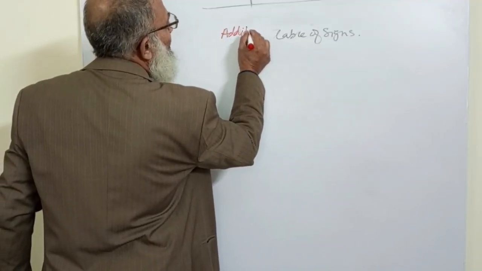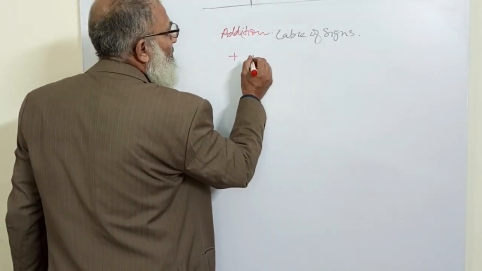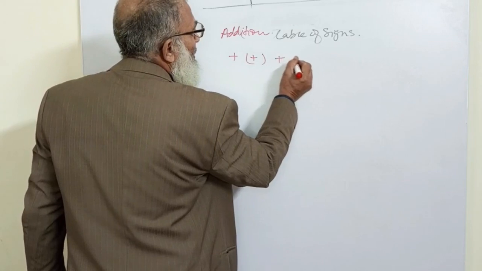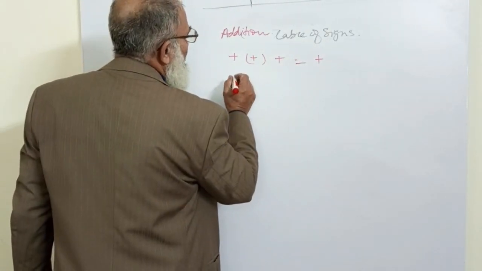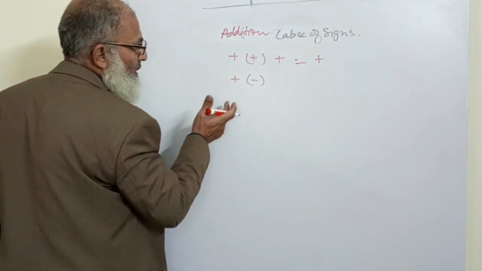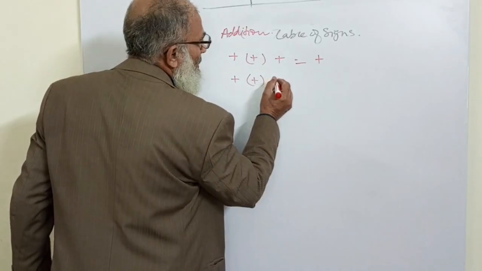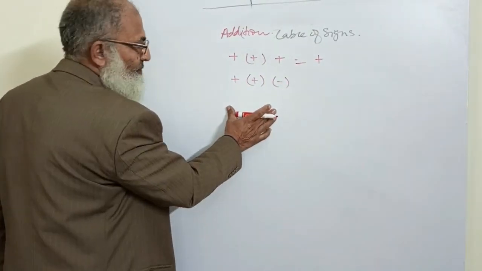the addition table of signs. When we add two positive numbers, the outcome is positive. When we add different signs, it depends.